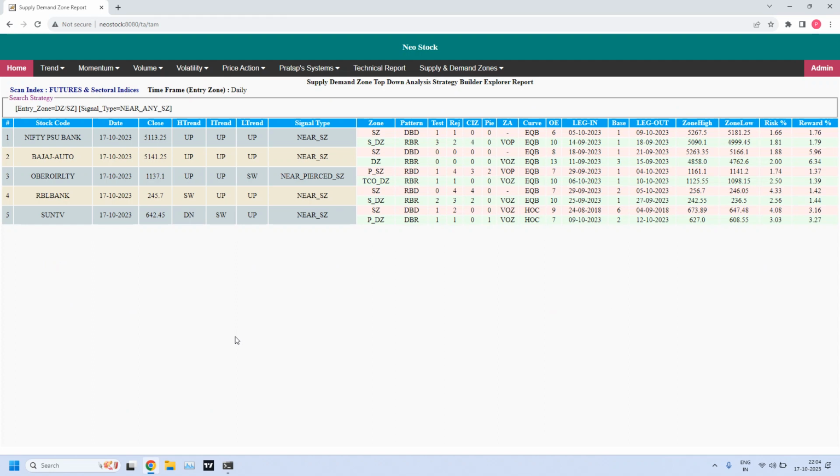See, the reason is sometimes we are missing some of the high liquidity zones because the stocks-near-the-zones filter is very strict.